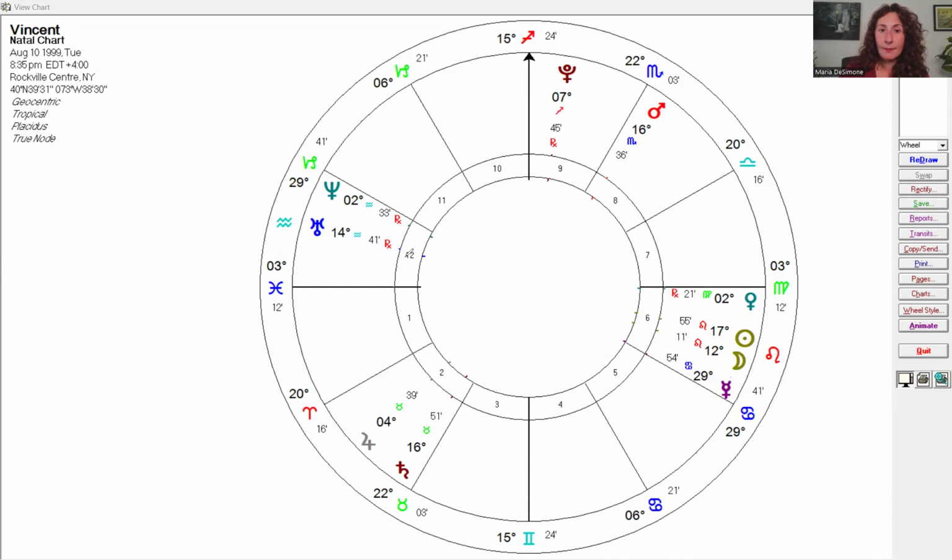And I'll give you one example. Uranus is intercepted. What is Uranus? The planet of liberation, the planet of independence, of doing things my way, non-tradition. And so there's this trapped energy of Uranus functioning in my son's chart, but Uranus is also opposite both his sun and his moon.